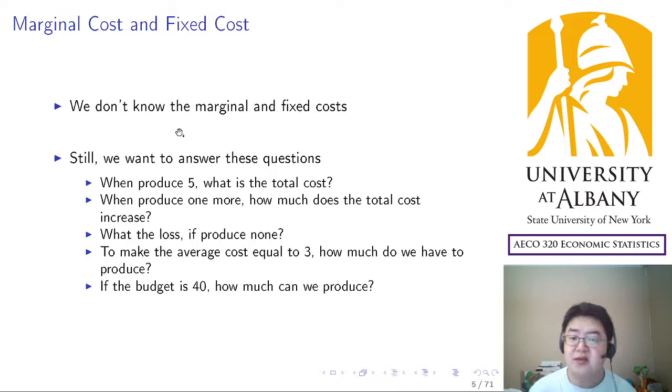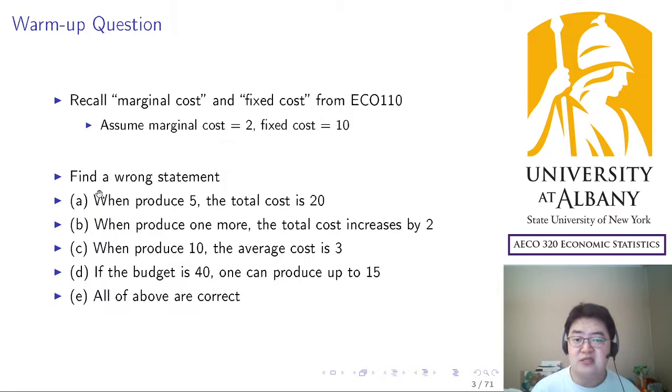And because we don't know the marginal cost and fixed cost, you cannot answer these questions. I gave you these statements as an example that you can calculate based on these numbers. Conversely, without knowing these, you cannot answer these questions. When I produce 5 units, what is the total cost? When I produce 10 units, what would be the average cost?